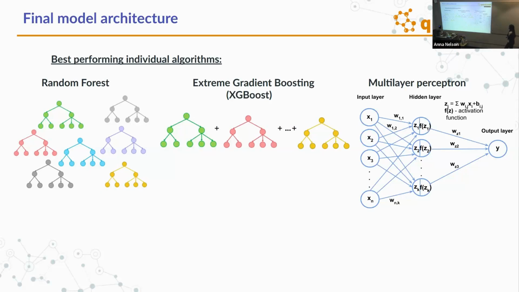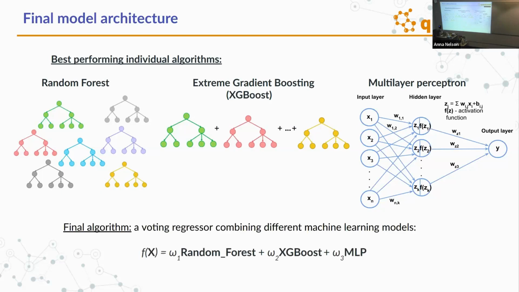Sorry for this detail. As you can see, all these models provide quite different perspectives, so they treat the fit data slightly differently. Usually in machine learning, you can achieve better performance and better predictions by combining different machine learning algorithms. So in this case, we combined these three best performing models.